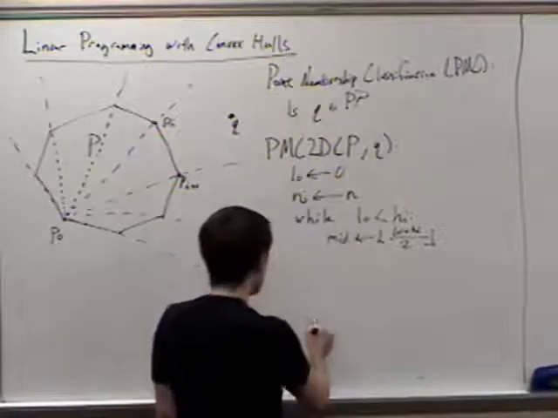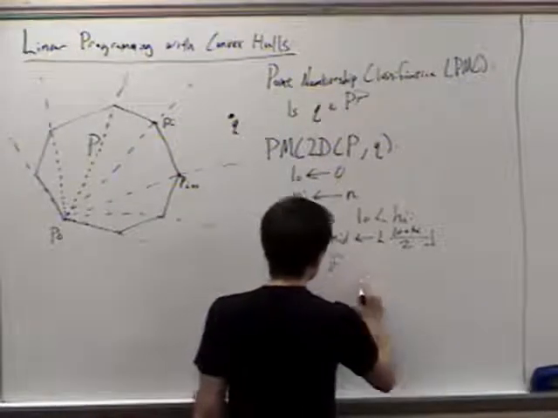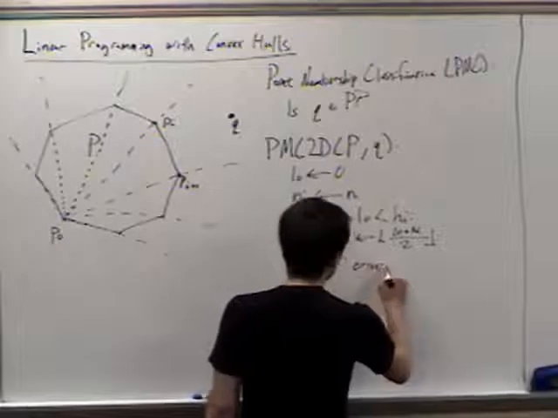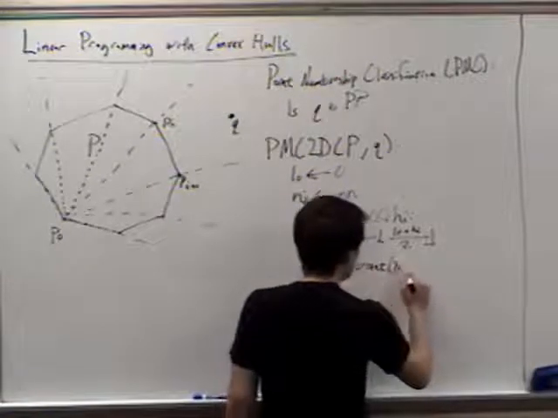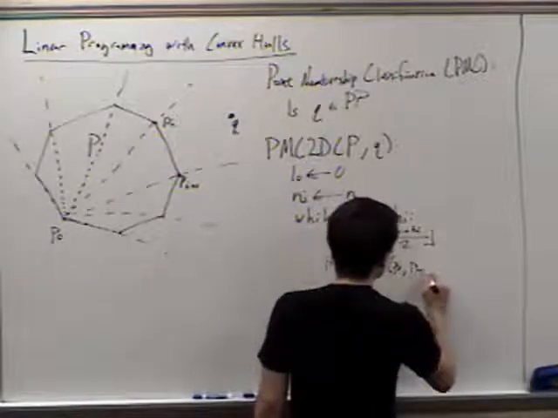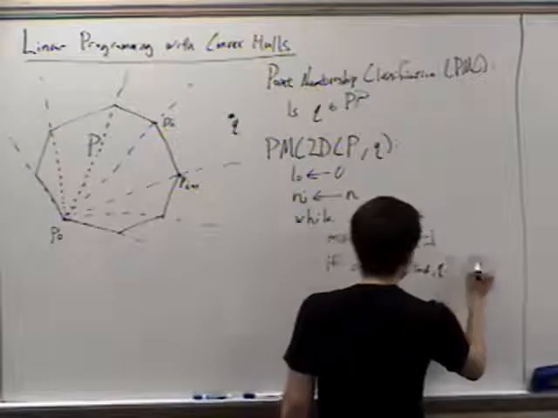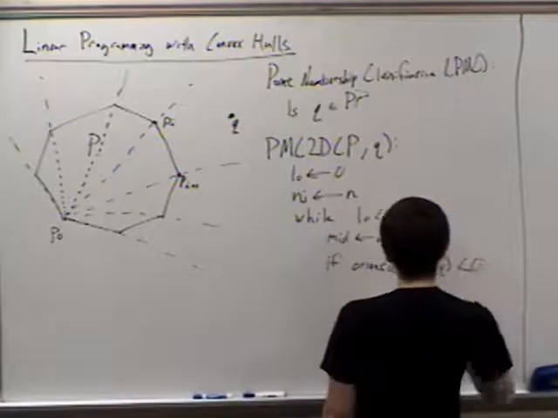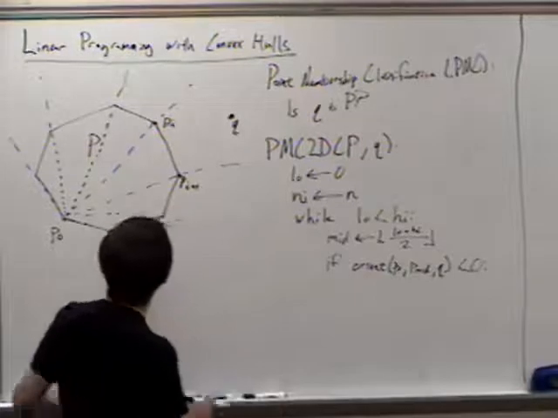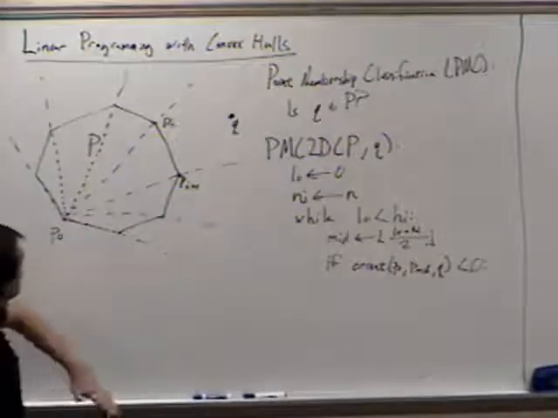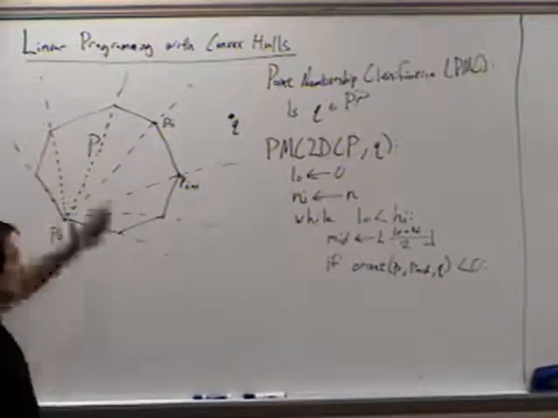Then we'll say if orient P0, P mid, Q is less than 0. This would be in the case where Q happened to be to the left of the line.